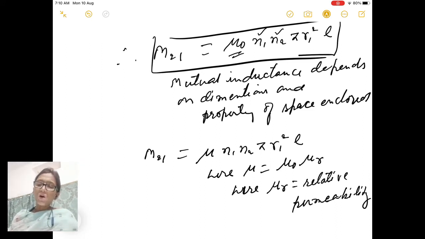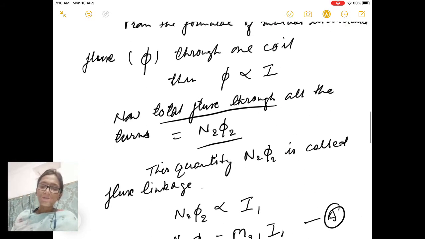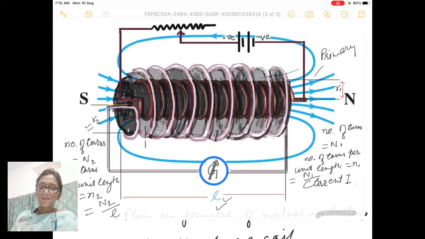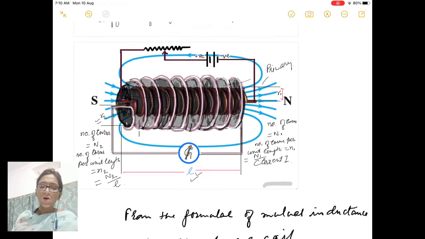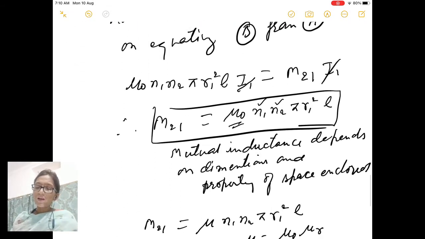So it depends on dimensions, number of turns, radius of the inner solenoid and length. It does not depend on the radius of the outer solenoid and area of the outer solenoid.